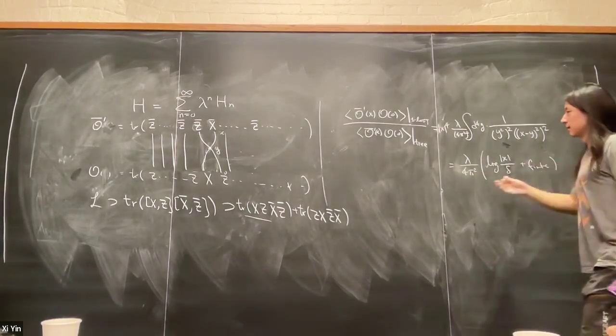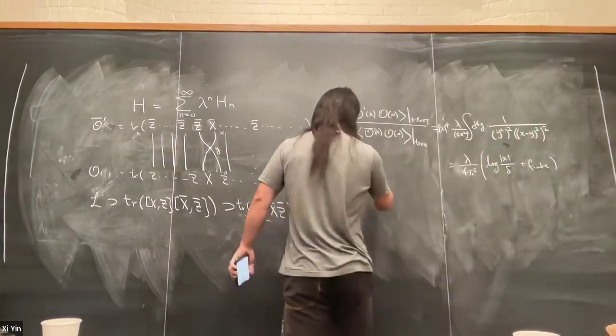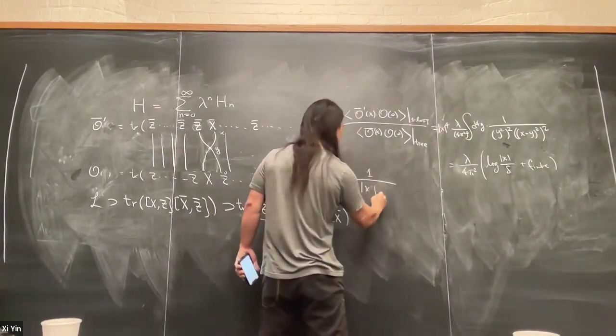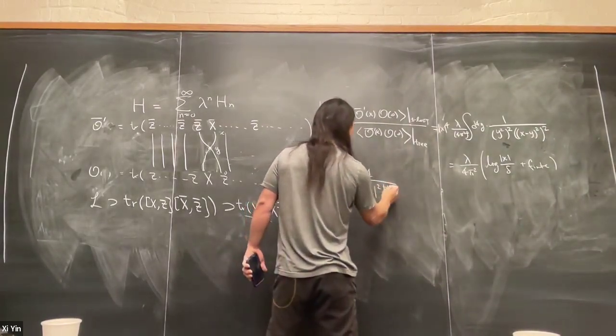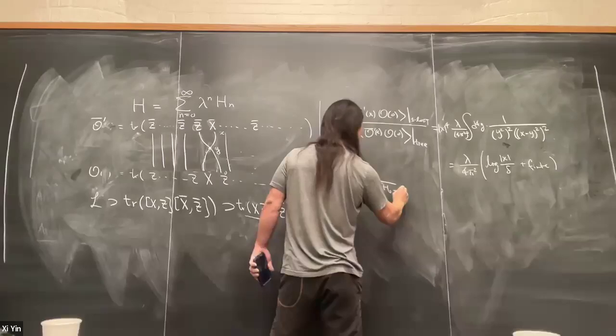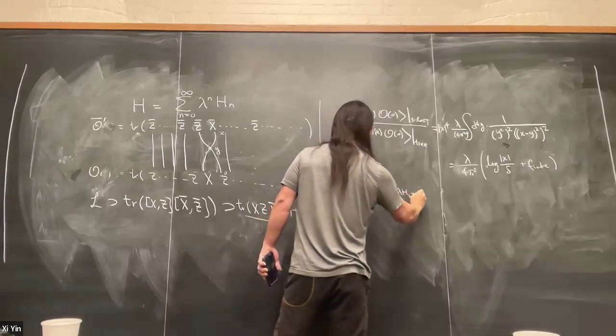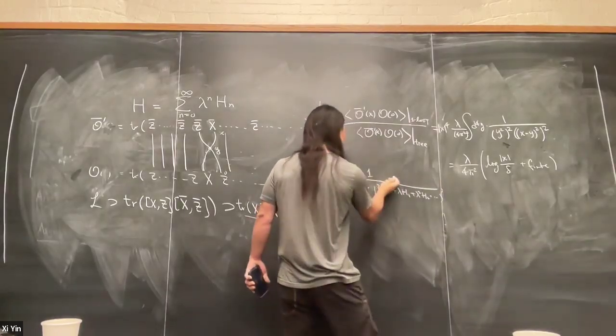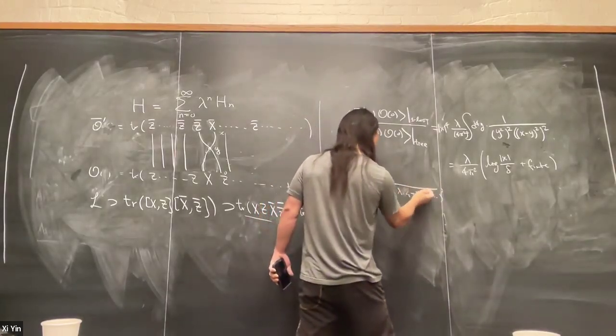And as usual, we're talking about 1 over x minus y to the 2h, where h is h0 plus lambda h1 plus lambda squared h2 plus dots, right? Let me use the notation of the whole dimension.